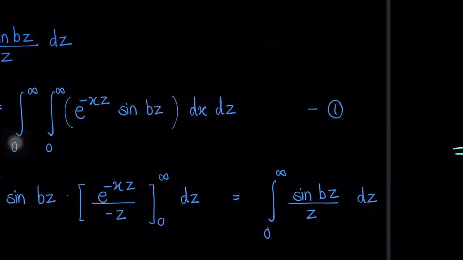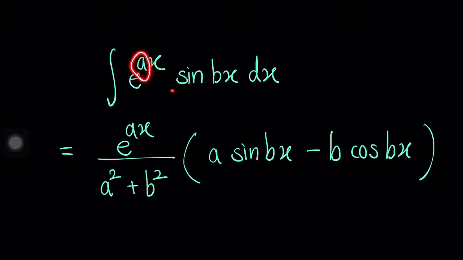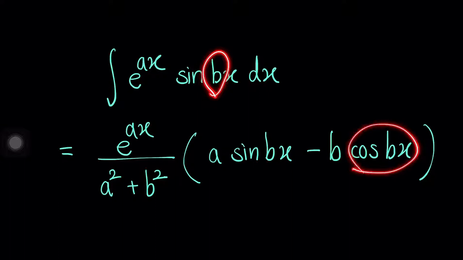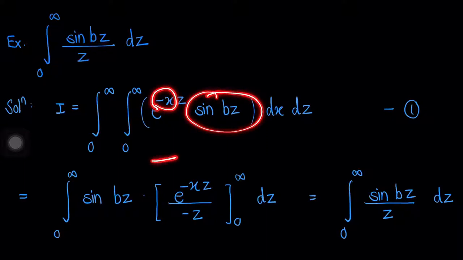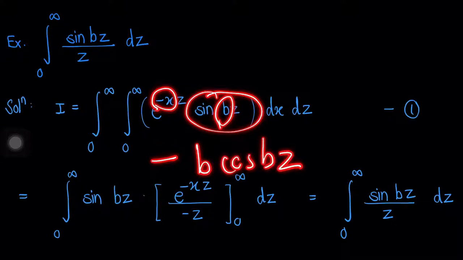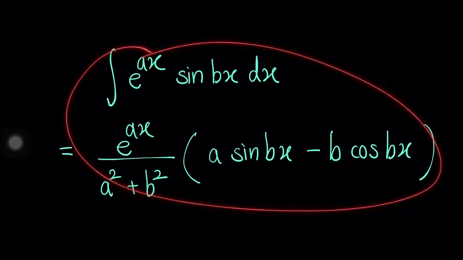So the term will be e raised to minus xz upon x square plus b square into, here we have a sine bx minus b cos bx. Okay, so similarly in the bracket we will have minus x sine bz, then minus b cos bz. Okay, simply we have used this formula.